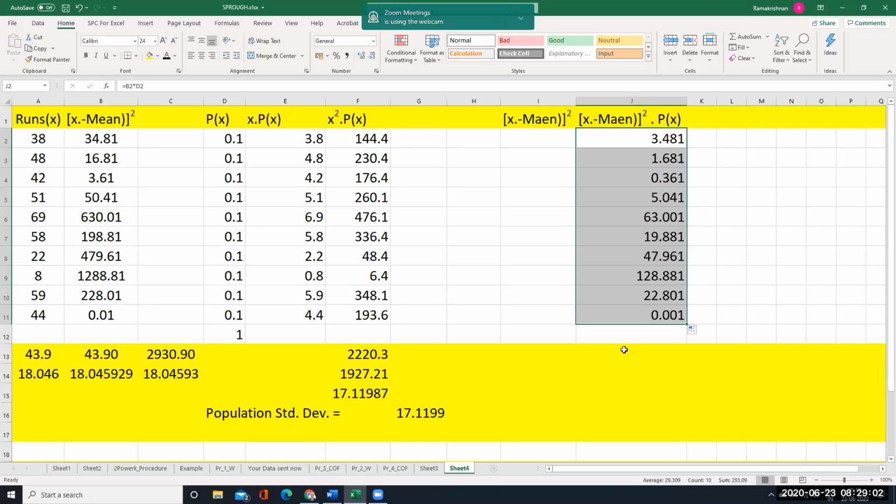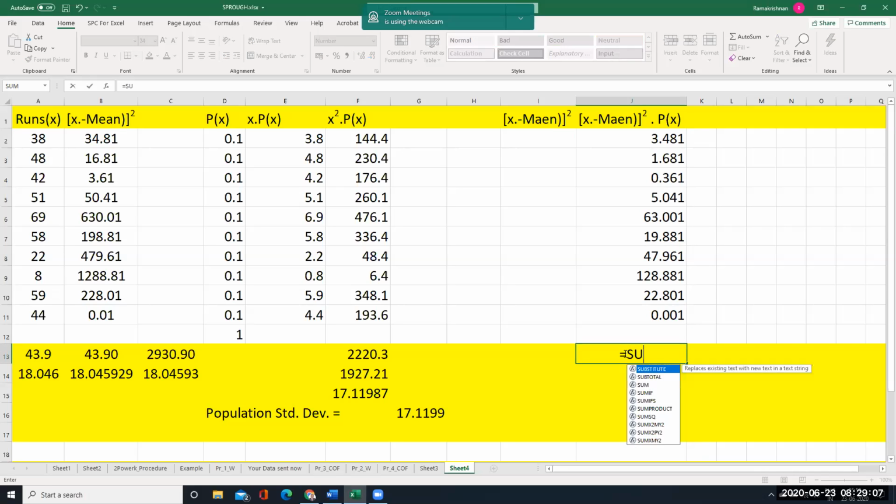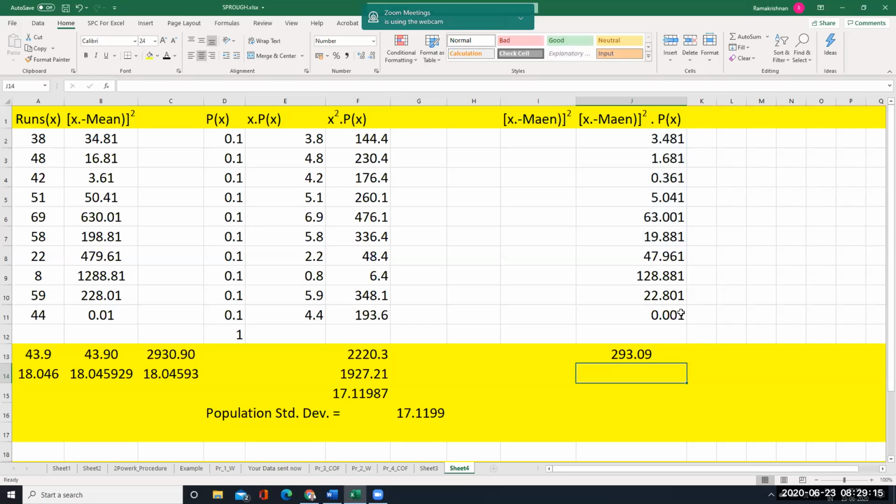I just have to sum it up and then take the square root, to the power of 0.5. 17.12. So I have shown you 3 methods of calculating the population standard deviation as well as 2 methods of calculating the sample standard deviation.